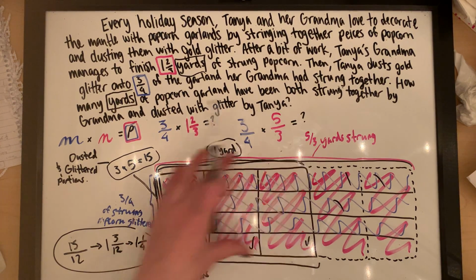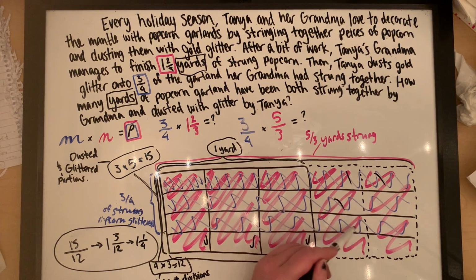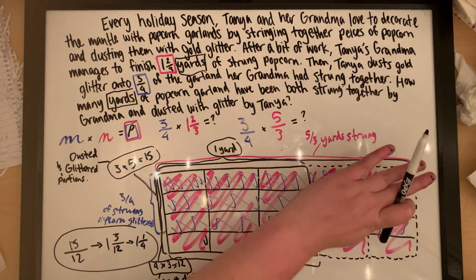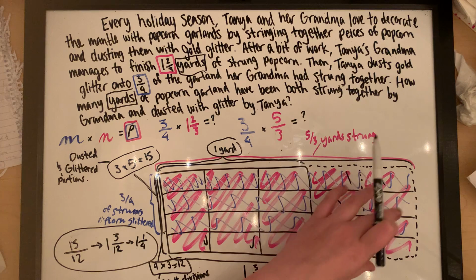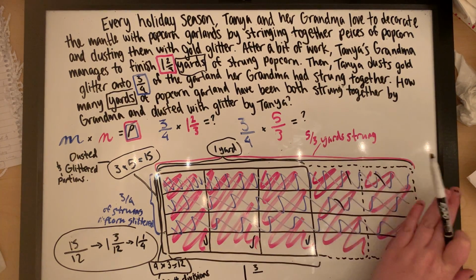Now we're left with 1 completed yard, and our remaining filled sections can start our fraction of our next yard. So from this we have 1 completed yard, and remember these aren't here because we borrowed them and filled them in over here. We have 1, 2, 3 out of... so 3, and we're not going to count this section because remember this is only noting 2/3 of a yard.